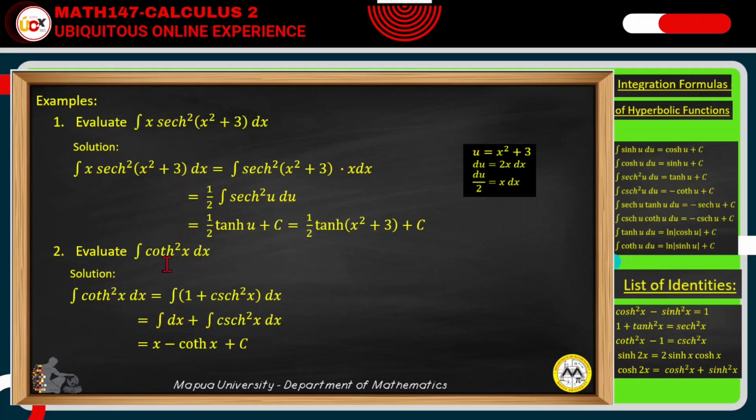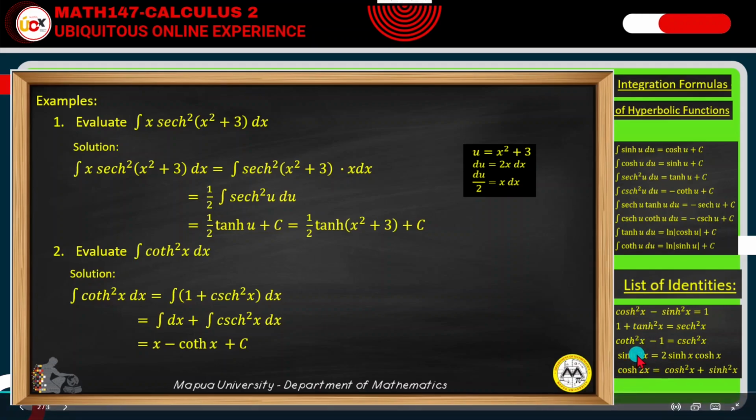So what you have to do is use the hyperbolic identities. You have to rewrite the hyperbolic cotangent squared x using this identity listed on this table of identities, wherein the hyperbolic cotangent squared x minus 1 is hyperbolic cosecant squared x.